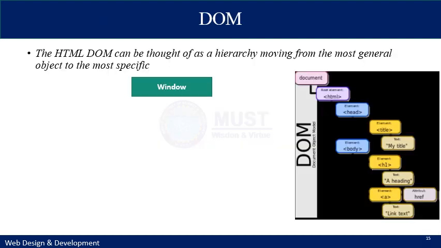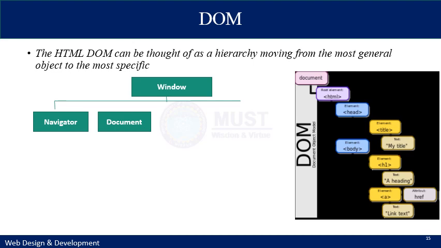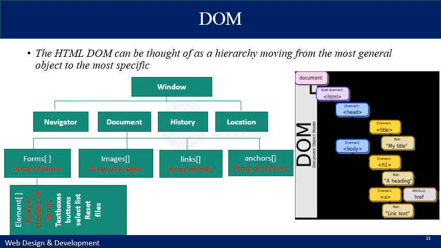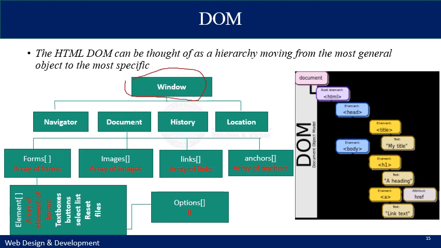So here is a typical overview of how a window object is linked with the rest of the page. At the top of the DOM we have the window global object, and as we stated in the previous slide, this object is not very much needed.